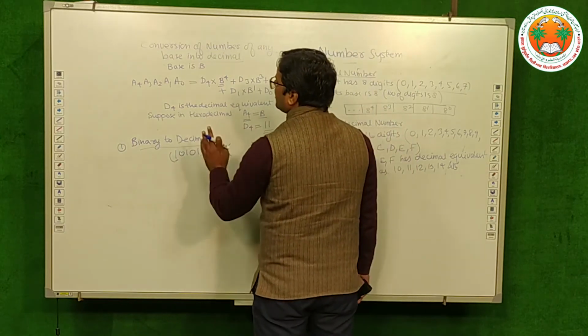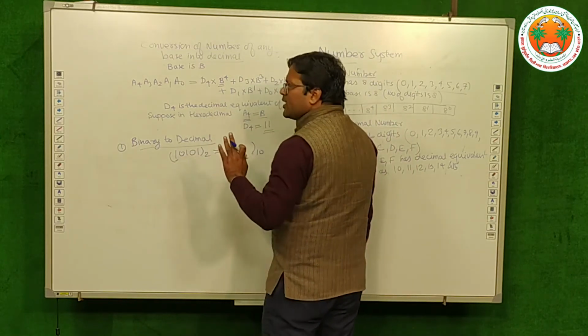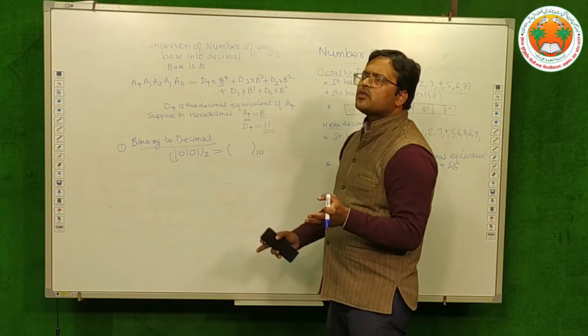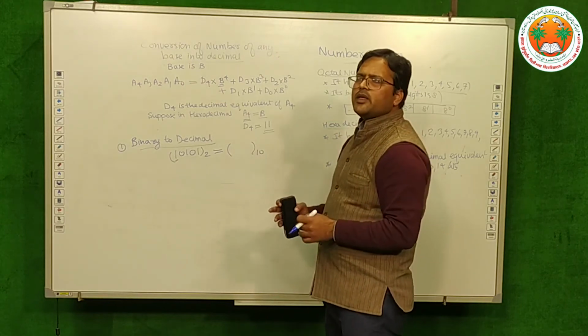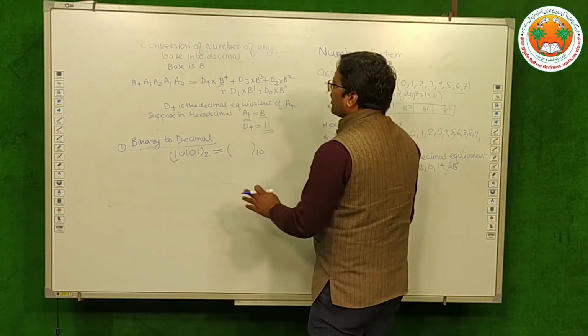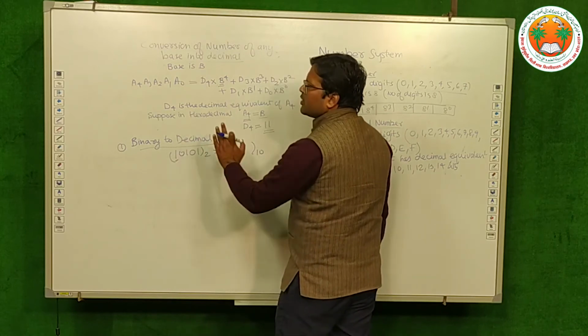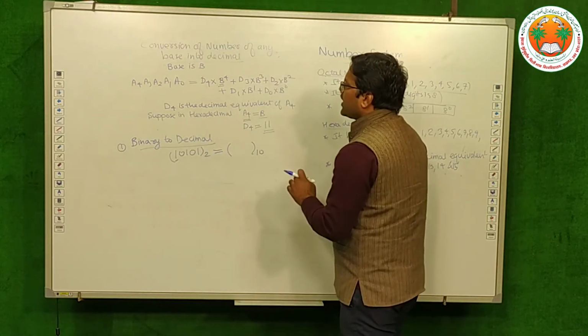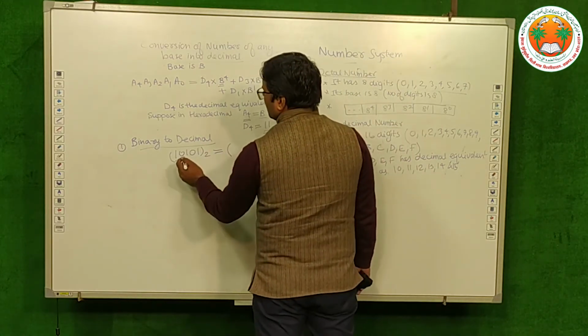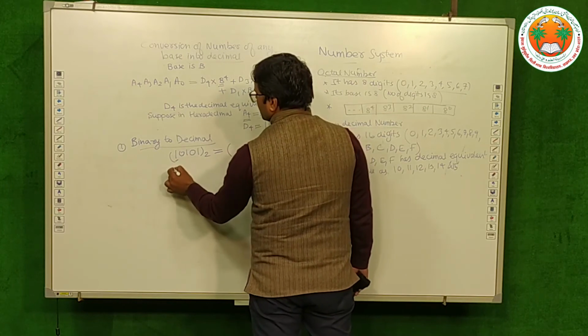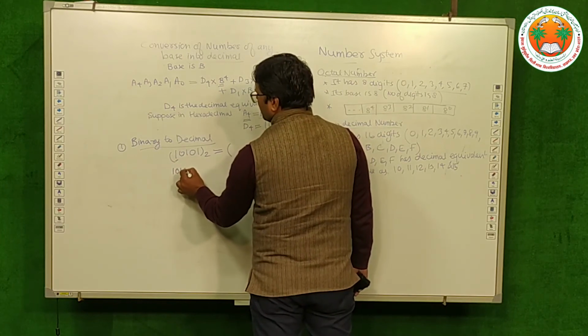We know that the decimal equivalent of 0 and 1 in binary is 0 and 1. So there is no need to convert these digits into decimal numbers. We can directly write it.